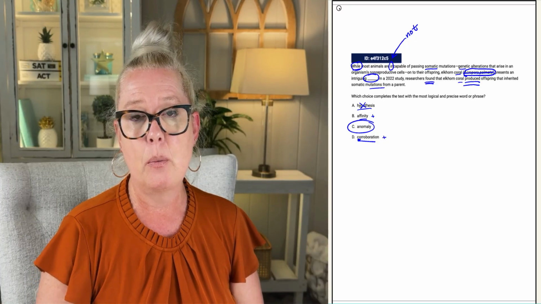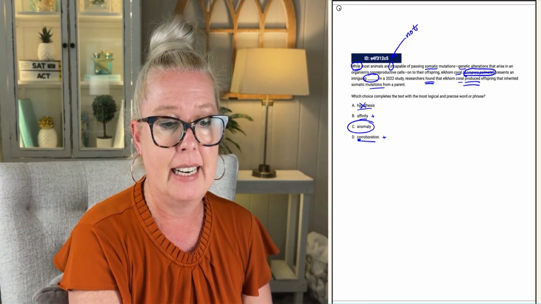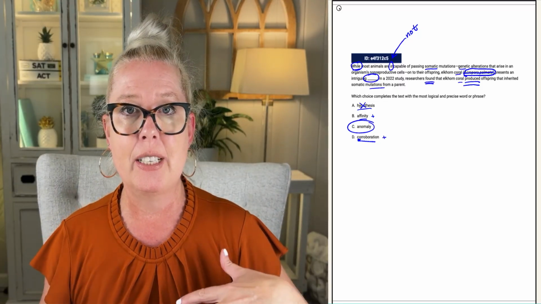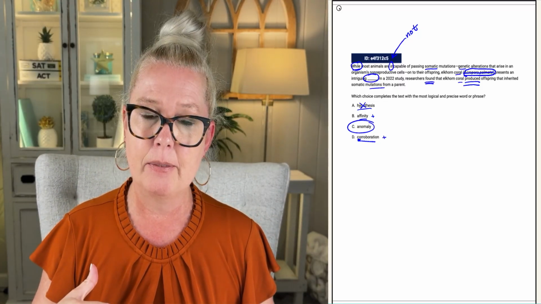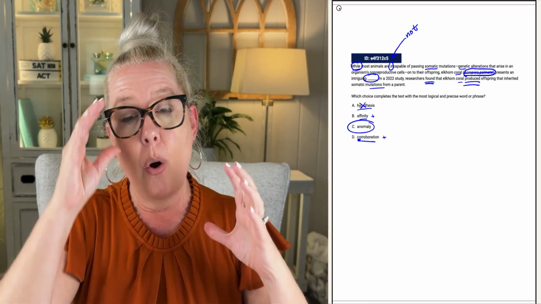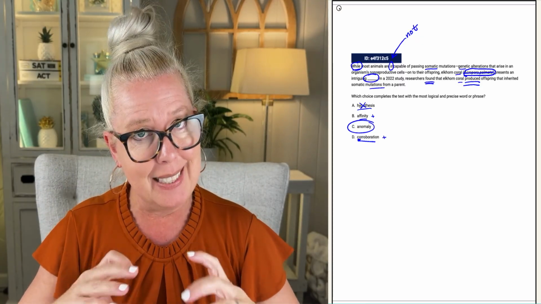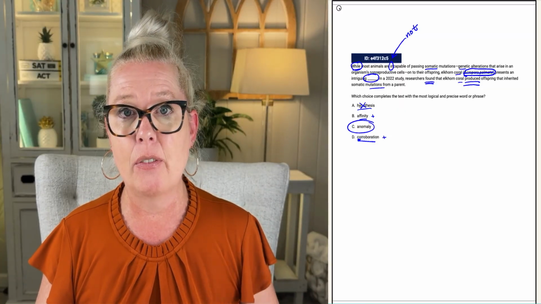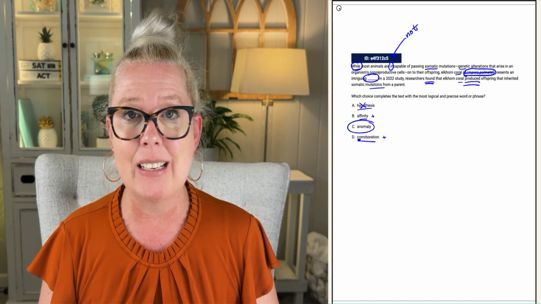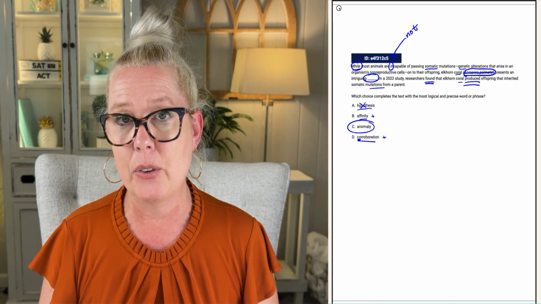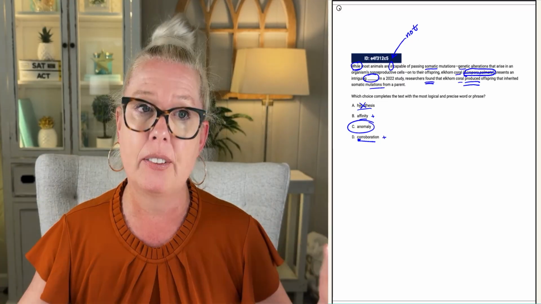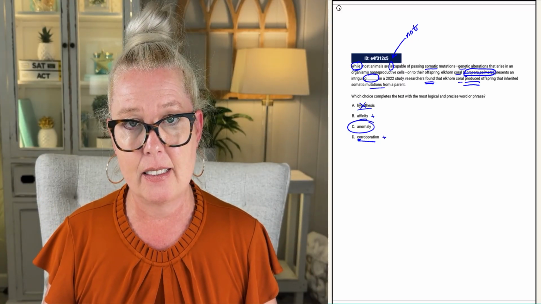If a student is not aware, the anomaly is like a standalone situation here, which is why it's an intriguing anomaly. So not only are you trying to help them break down the actual vocabulary words, but you're also looking at the passage itself when the passages get really dense and really tough, and trying to break down the words there and not get too caught up in all of the things that they have going on in the sentence.